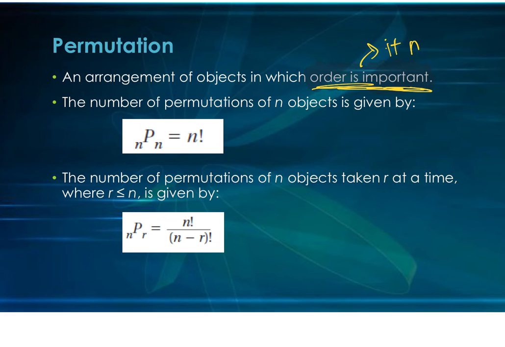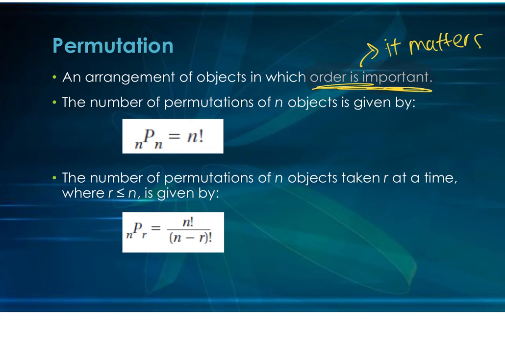The number of permutations of n objects is given by nPn equals n factorial. The number of permutations of n objects taken r at a time, where r is less than or equal to n, is given by nPr equals n factorial over n minus r factorial.